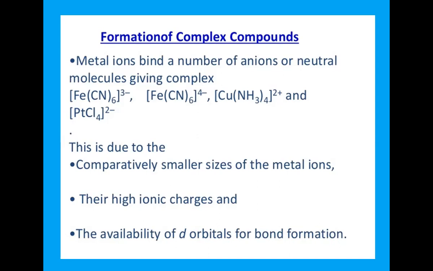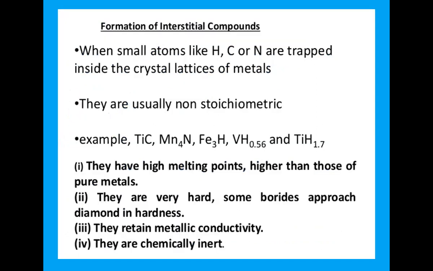The higher the polarizing power, the stronger will be their capacity to form complexes. At the same time, they are also capable of providing a large number of vacant d orbitals for covalency or bond formation. Because of these factors, d block elements are capable of forming many complexes.